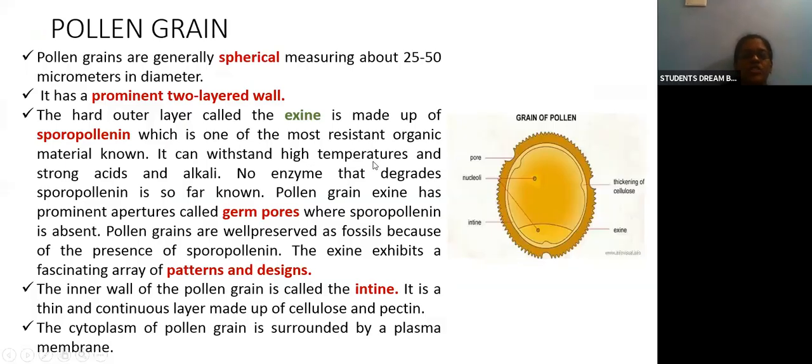Okay, so this sporopollenin is very resistant. It is the most resistant organic matter known.